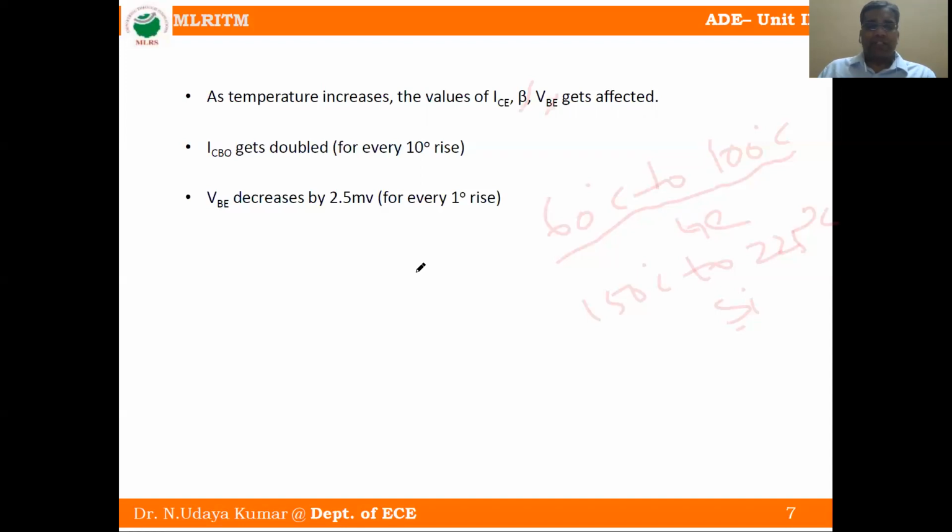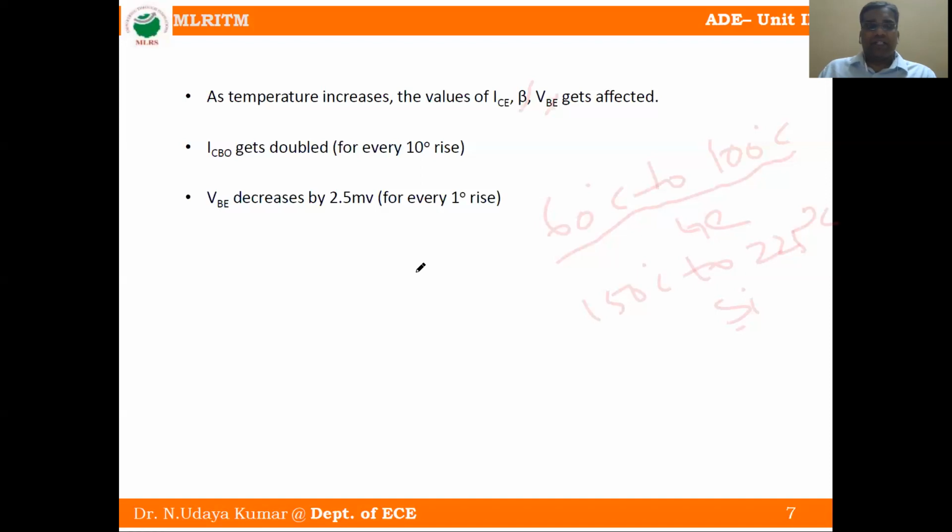Further, the transistor temperature also increases. That is called thermal runaway. I will repeat. What do you mean by thermal runaway? In an ordinary transistor amplifier, if temperature increases, the output side collector current also increases.